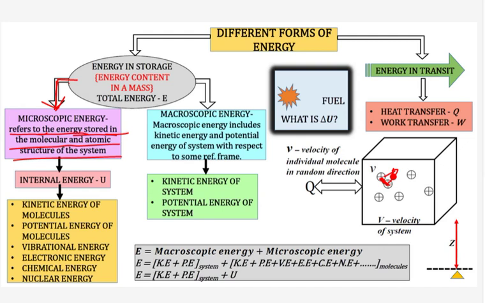So there is an energy associated with the two molecules, energy associated between two atoms. Basically it is energy associated with the molecular and atomic structure of the system. That we call microscopic energy.